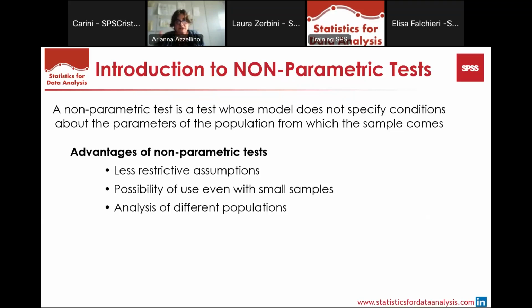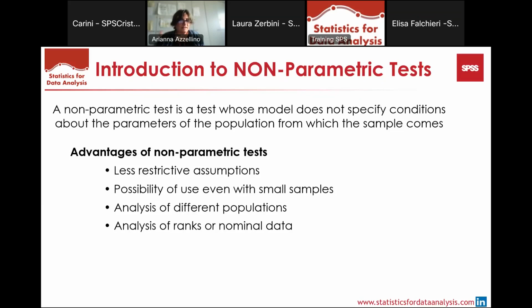And so for small samples, very often people tend to use non-parametric tests. And again, in any situation where different populations, and here by population I mean data populations, so data that are distributed with different distribution shapes, can be compared with the non-parametric procedure.